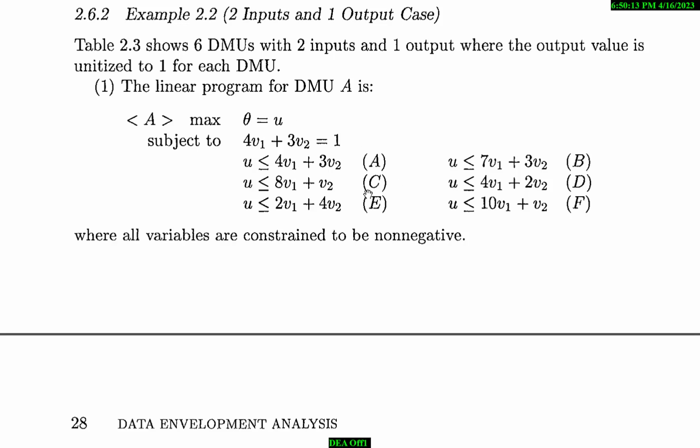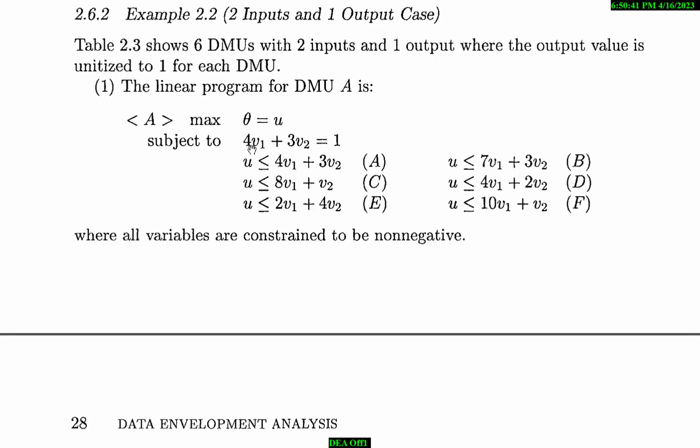We have constraints A to F, one for each DMU, but this constraint is only for DMU A because its first input is 4, the second input is 3.